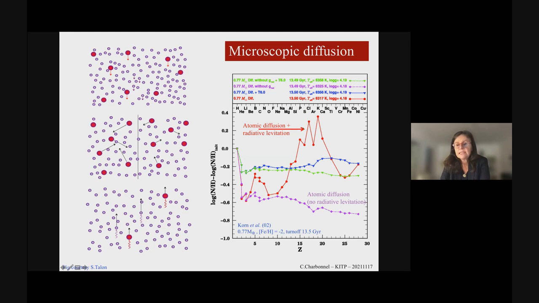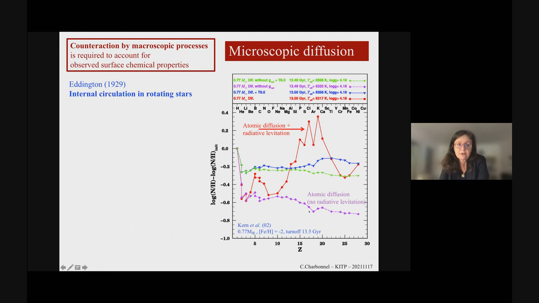And this is why you can see the effect, for example, here of atomic diffusion and radiative levitation for some of the elements. On the other hand, here you can see the variation of the abundances when there is no radiative levitation taken into account. And you see that the differences come mainly from the mass of the different atoms.